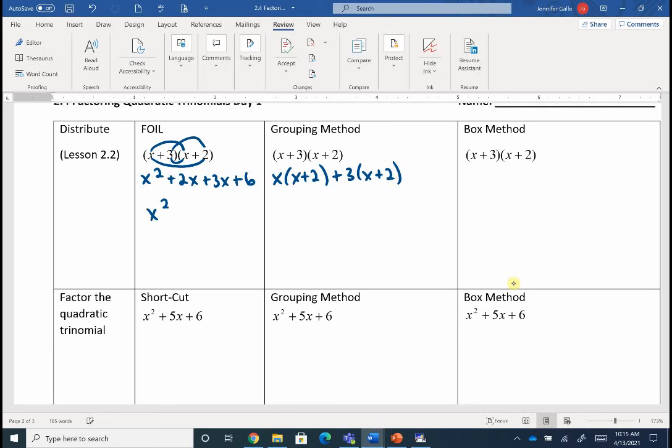And make sure you simplify all the way and make sure you have standard form. And we should get the same answer no matter which method we choose.